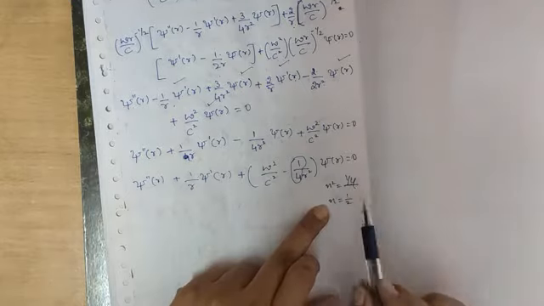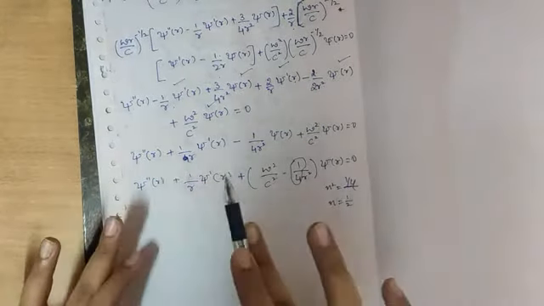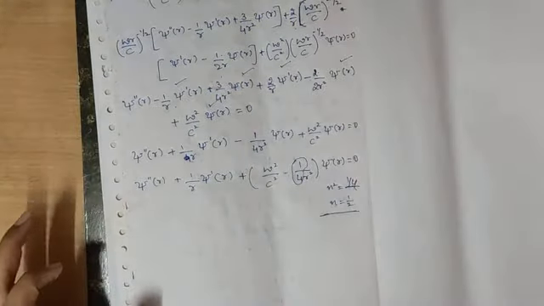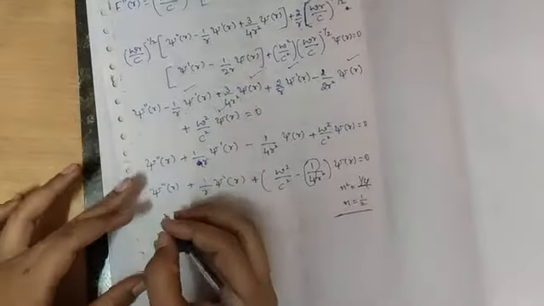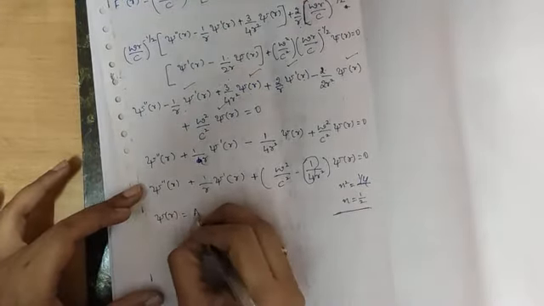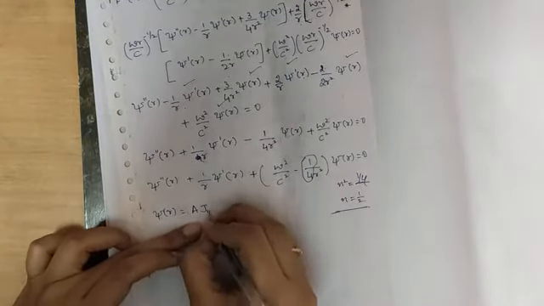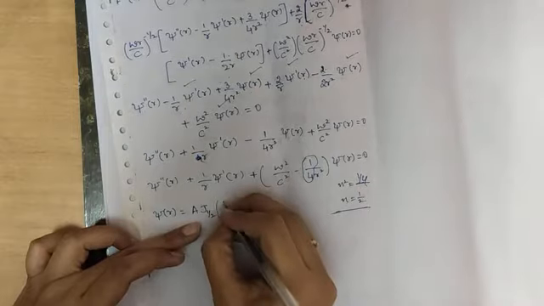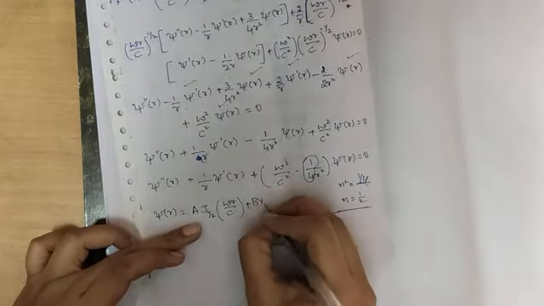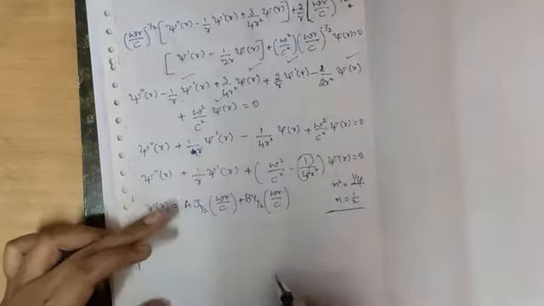So this is a Bessel differential equation with order 1 by 2, and the solution will be xi of r is equal to a into J of 1 by 2 omega r by c plus b into Y power 1 by 2 into omega r by c.